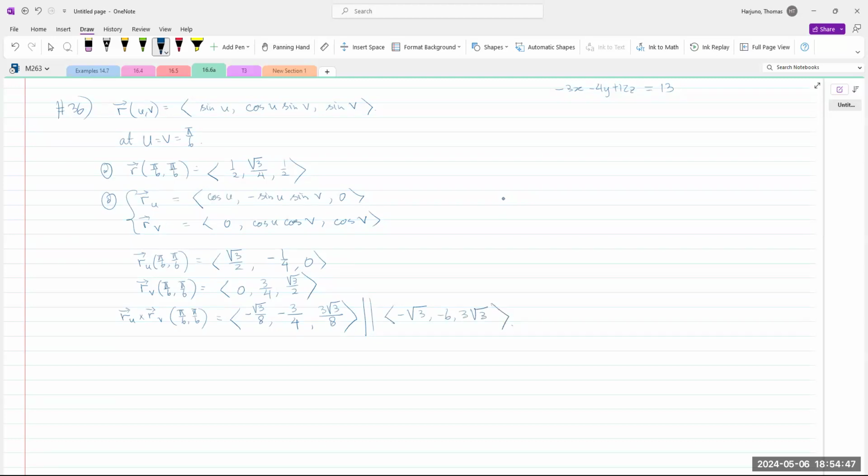Okay, so the equation of the tangent plane is given by negative radical 3 times (x minus 1/2) minus 6 times (y minus radical 3 over 4), and then plus 3 radical 3 times (z minus 1/2) equals 0.